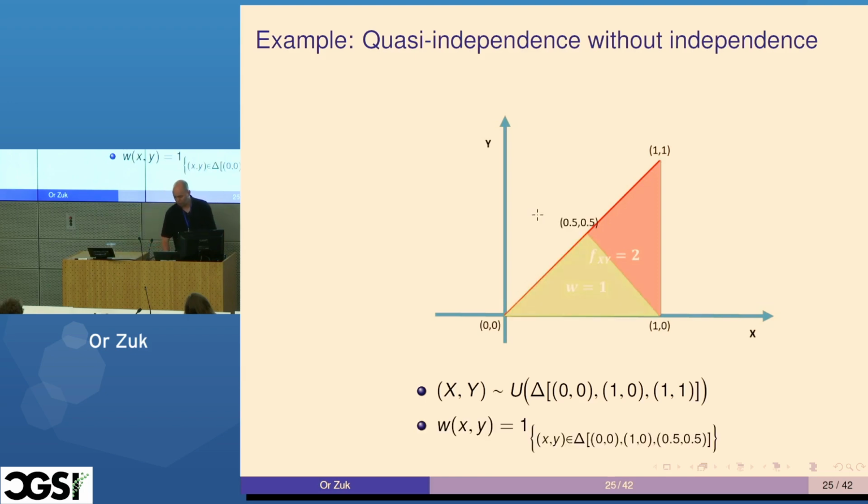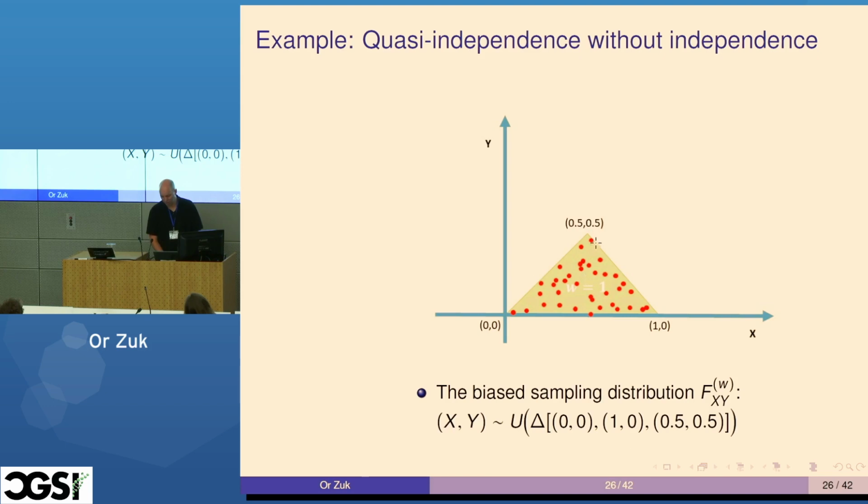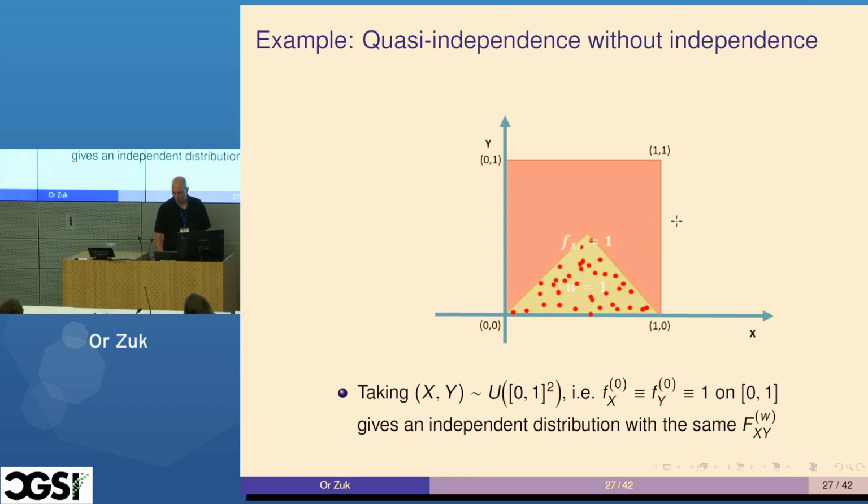But if you sample points only here in the green area, then you cannot really tell, and that's the data you see. You cannot really tell if this came from a dependent distribution or an independent distribution, which will be this one, right?